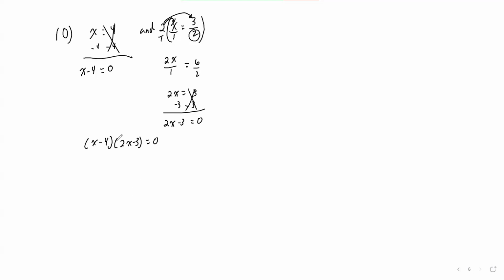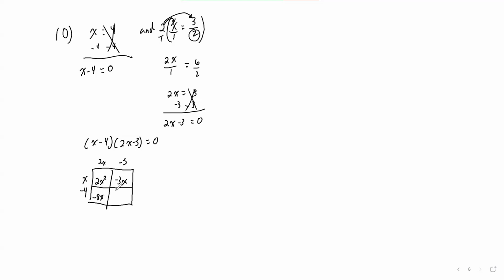And then from that, I would need to re-multiply it out to see what it looked like. So I'm going to do the box method from earlier in the chapter. Oh, actually, no, this was in chapter 12. So this would be x and negative 4, 2x and negative 3. So then I'm going to multiply them. So x times 2x is 2x squared. x times negative 3 is negative 3x. 2x times negative 4 is negative 8x.